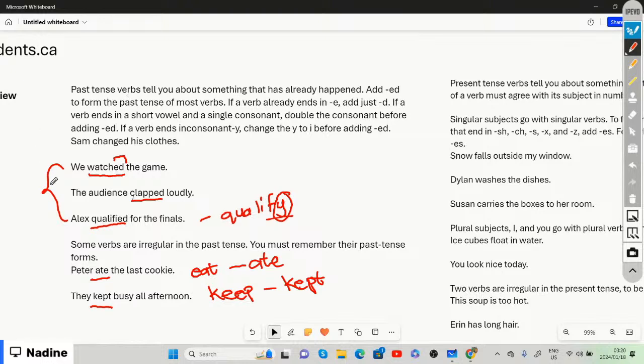And the example that we made with Alex qualified for the finals means that if our verb ends in a consonant y, like qualify, which is the present tense, then we drop the y, and this y turns into an i, and then we add the ed. So that is a rule that they are actually telling us to follow.